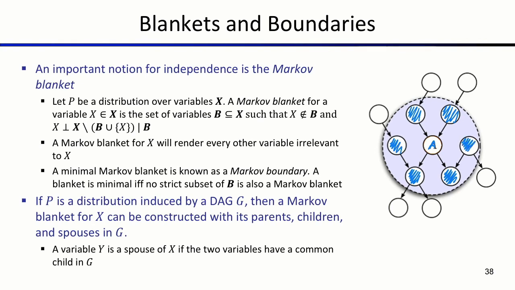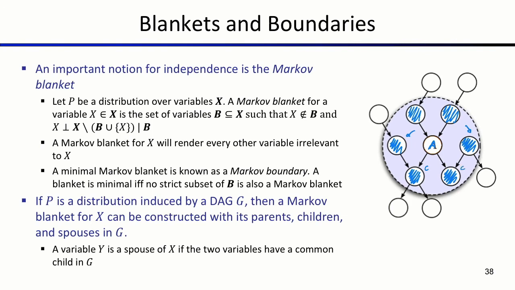In this case, there are two here. These are the variables that have a common child with A. So this is one spouse, this is another spouse. And we need to observe those variables too, because if we have observed the children, this is a convergent triplet.